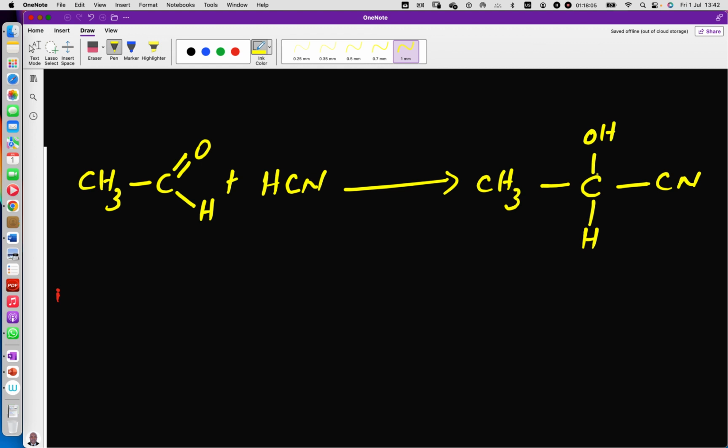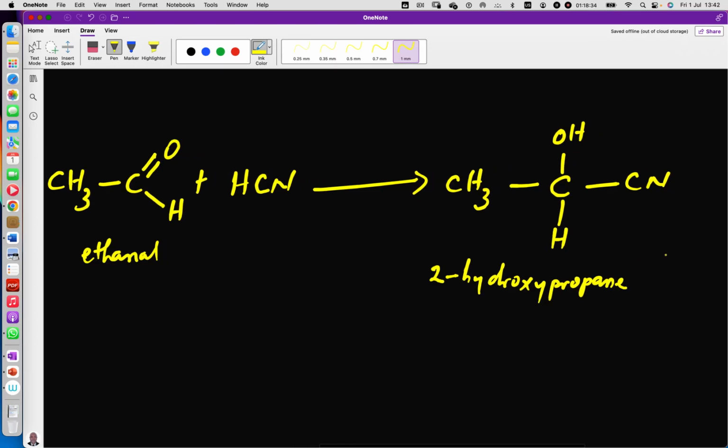The cyanide ion now adds here. So what happened here is this is the ethanal, and this is 2-hydroxypropane nitrile.